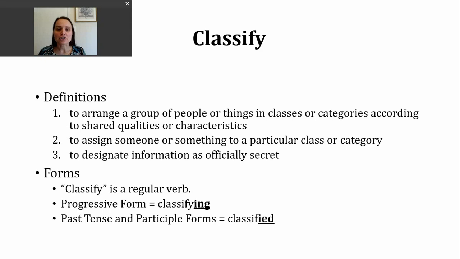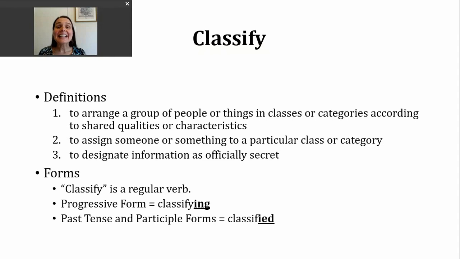Sometimes information is classified or is made secret, and then only certain people are permitted to see it or to access it. This happens in our government all the time.